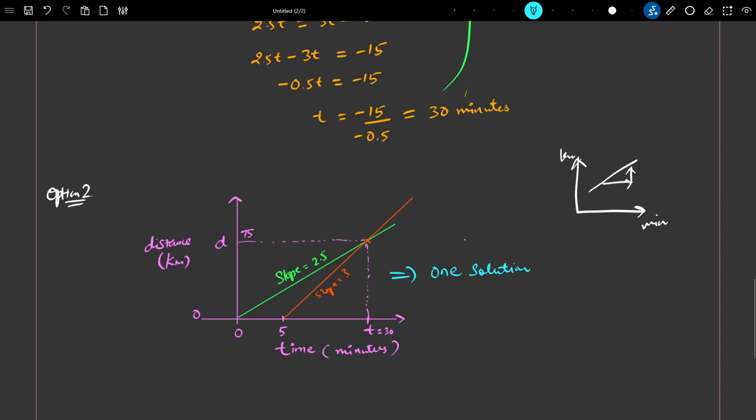For example, let's say we have the scenario something like this.